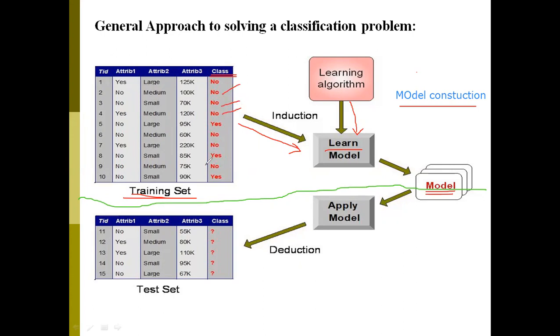The training set is a complete data set, including the class labels under the class attribute. So by studying these data, we are going to construct one model, which is also called a learning model or learning algorithm.